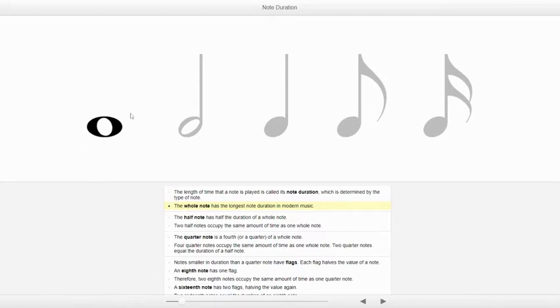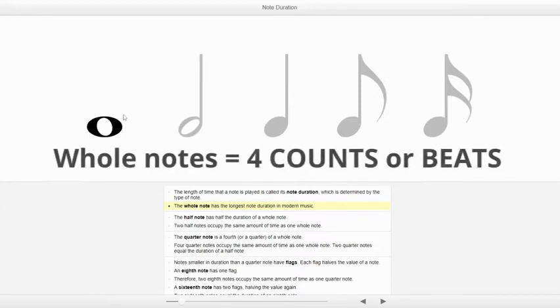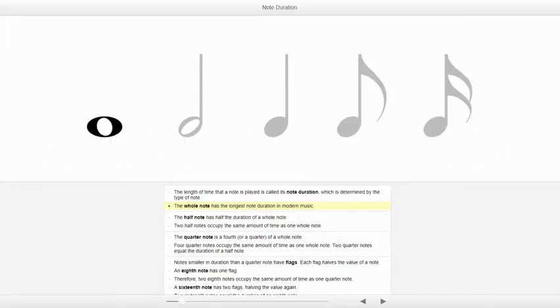And actually, we're going to hold this out for a total of 4 full counts. So if we listen to our click track going on like this, we would go 1, 2, 3, 4, off. So we hold it all 4 counts.